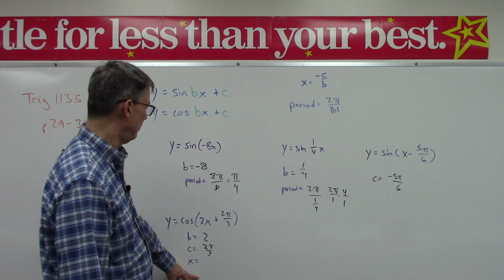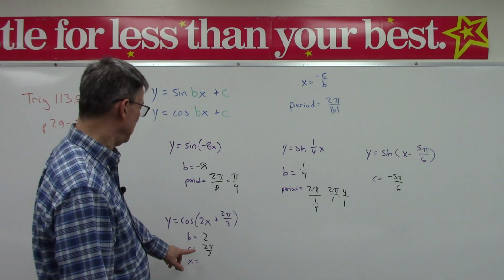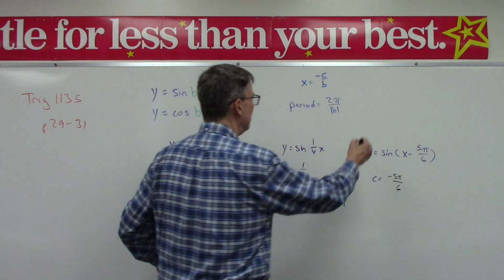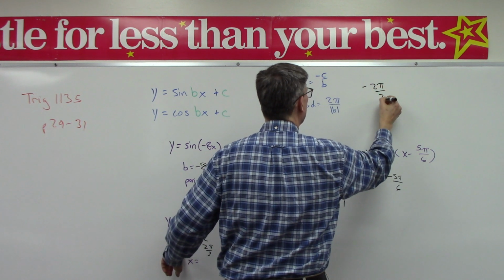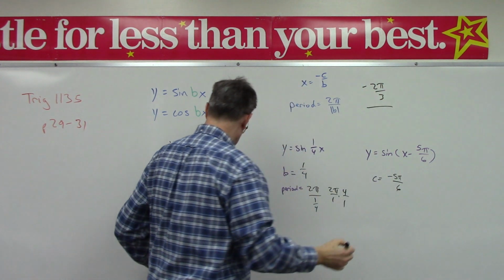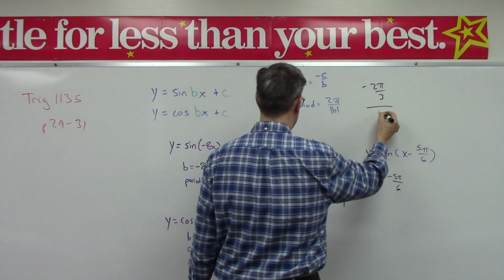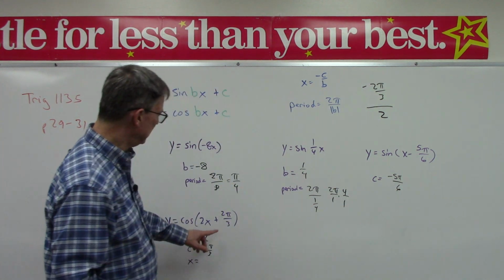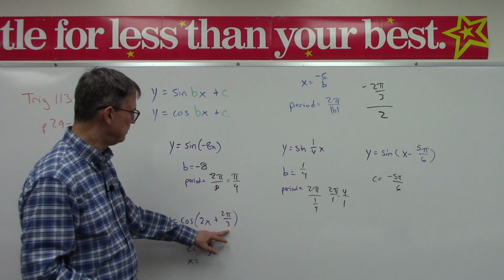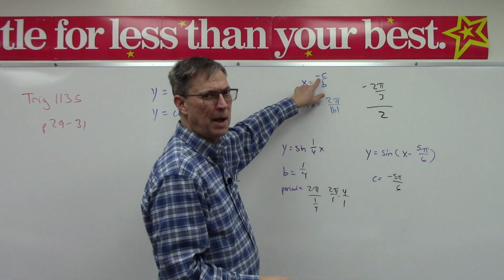And now to solve for x, we're going to take the negative c value. So let me write it up here. Negative 2 pi over 3. And we're going to divide that by the b value, which is 2. Now I made that negative because this c value here is positive, but in the equation we have to make it the opposite, okay?